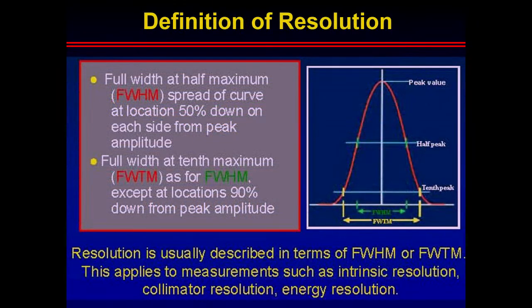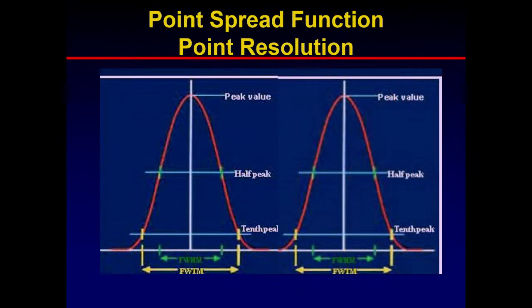And the way we measure resolution is by a point spread function, and what we use is something called the full width half maximum, or the full tenth maximum. You can see in this little diagram that the half maximum is basically the width at one half of the peak value for the spread function. So imagine 2 points in space, and you can see that these are 2 separate points.